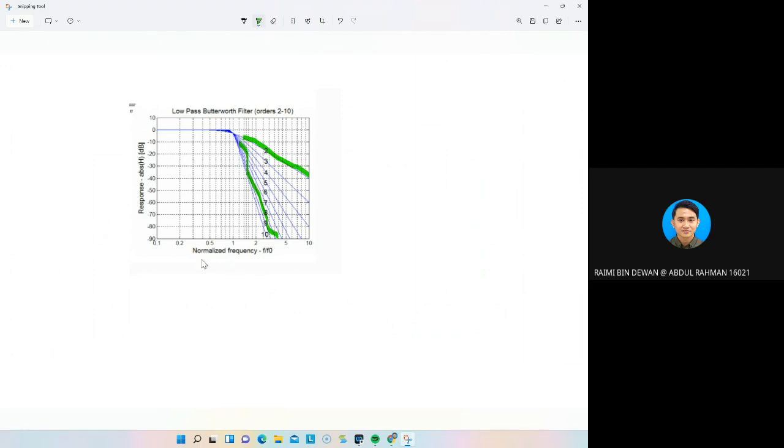And you can see here it mentions the words normalized frequency, meaning it is not the exact frequency, it is normalized to a certain frequency, which is our f naught.